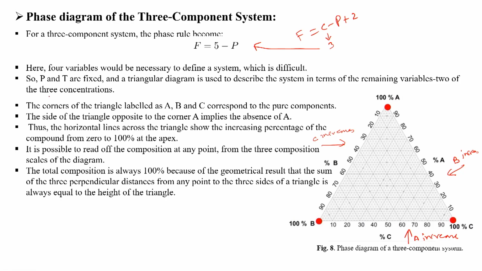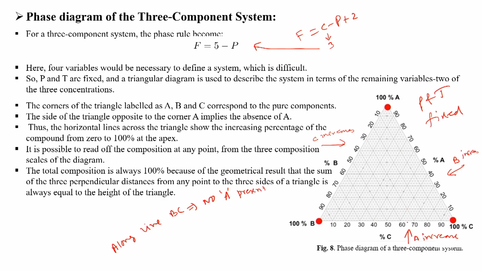Here P and T are fixed, pressure and temperature are fixed. So the corners of the triangle labeled A, B and C correspond to pure components. The side of the triangle opposite to corner A implies the absence of A. So along line BC, no A is present, as I mentioned, since the concentration of A increases in this direction.